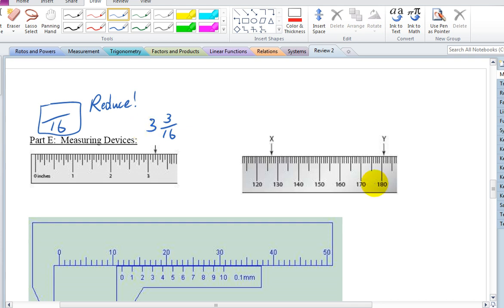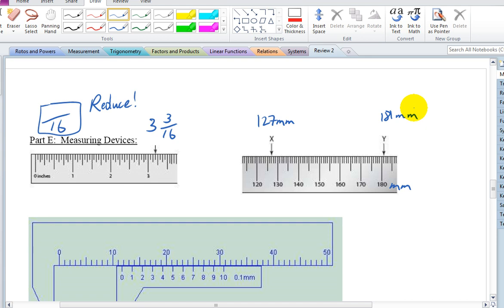Now the next one is going to be such big numbers, it's in millimeters. Okay, so find the measurement for X, find the measurement for Y. Go. And the measurement for Y, 181 millimeters. Good. So what's the distance between X and Y?